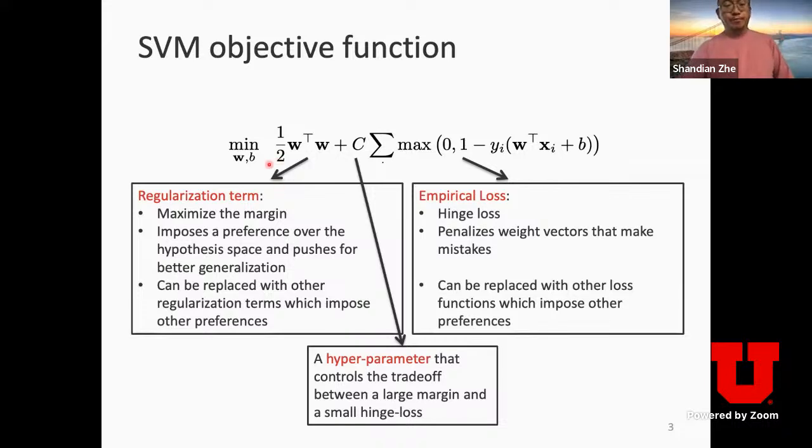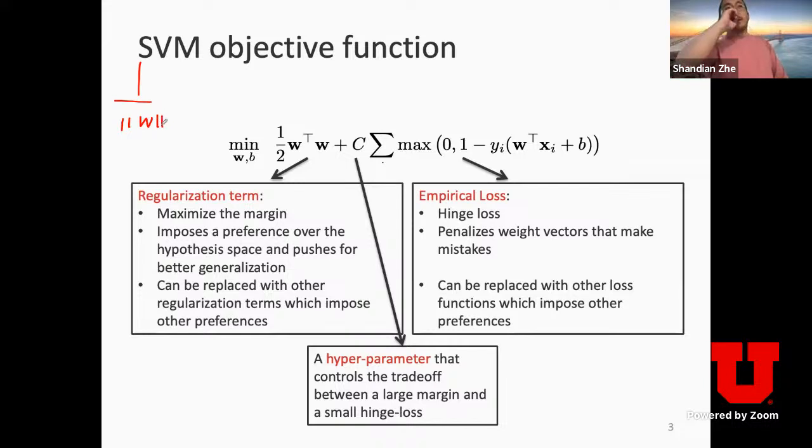So here we can see the objective function consists of two components. The first component is this half W transpose W, right? In the SVM context, it means we want to maximize margin, because the margin is actually, if we could remember, 1 over the norm of W, right?